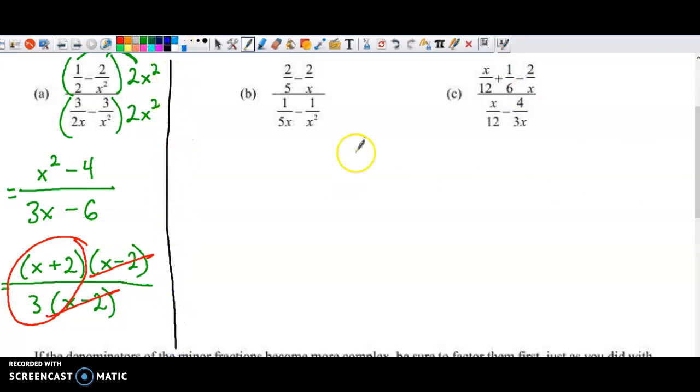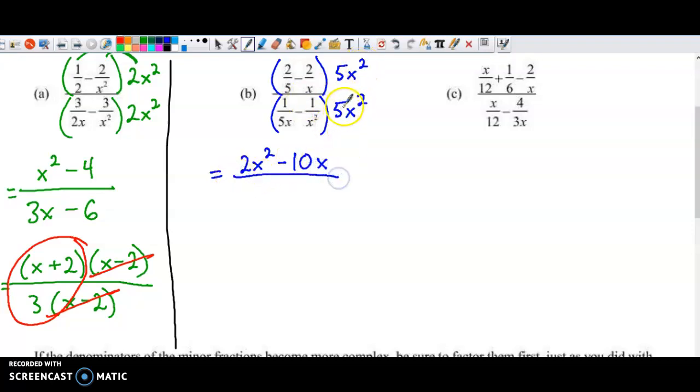I'm sure I'm making it look easier than what it really is, because the greatest common factor in the next one is 5x squared. I should say the least common multiple. Because as I distribute the 5 into the problem, the 5 will cancel, but you're left with 2x squared. 2 times 5 is 10, and one of the x's will cancel on the next one. And then on the next, one of the 5's will cancel, one of the x's will cancel.